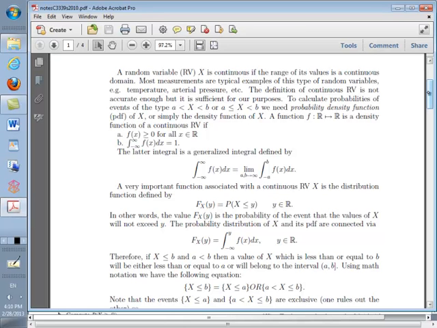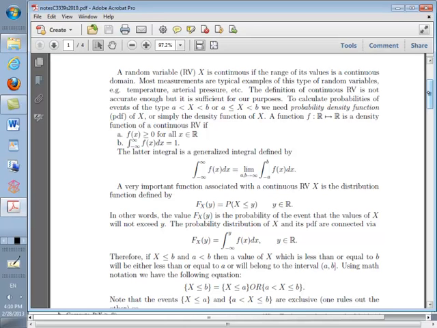A typical example might be temperature. It's a real number. Of course, you don't have infinite accuracy in the thermometer, you have one or two decimal points at most, but that random variable can still be modeled as a continuous random variable.